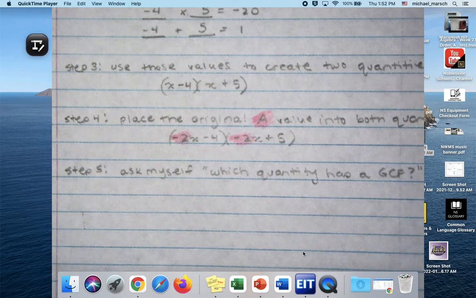Step 5 is to ask myself which quantity has a greatest common factor. Which of those two quantities does have a greatest common factor?